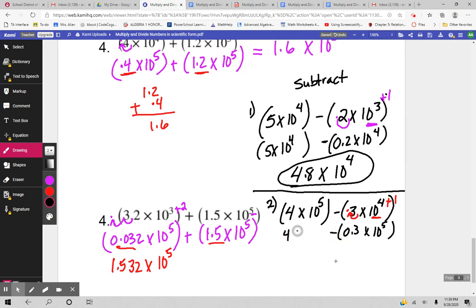And this one stays the same. Okay, so 4 minus 0.3 is going to be 3.7 times, keep the matching power, 10 to the 5th. Okay, and this concludes this lesson on multiplying, dividing, adding, and subtracting numbers in scientific form.